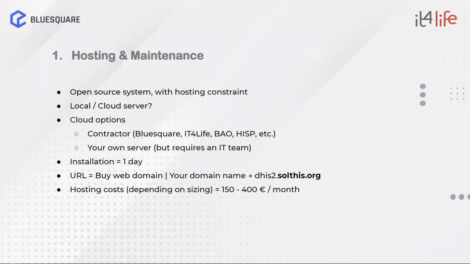And if you choose to work with a contractor, we have three different cost contracts depending on the size, from 150 euros per month for a small size to 400 euros per month for a big size.